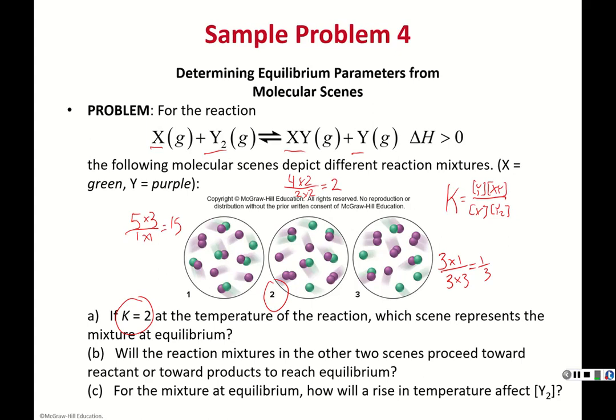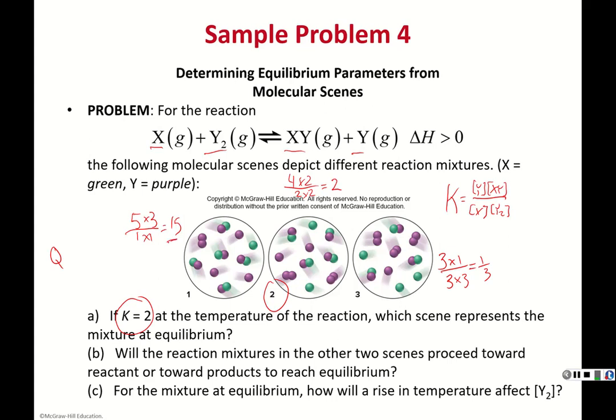Okay, part B, will the reaction mixtures in the other two scenes proceed towards the reactants or towards the products to reach equilibrium? Well, in case 1, Q is 15.